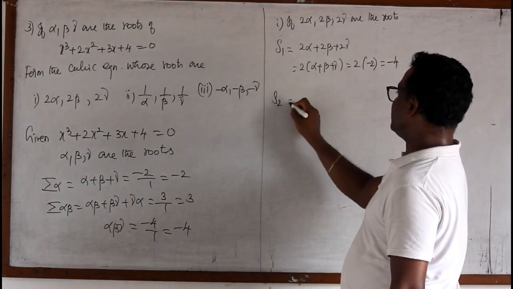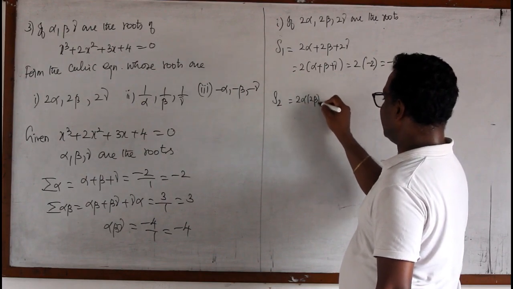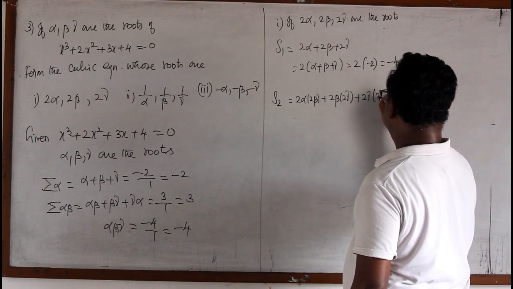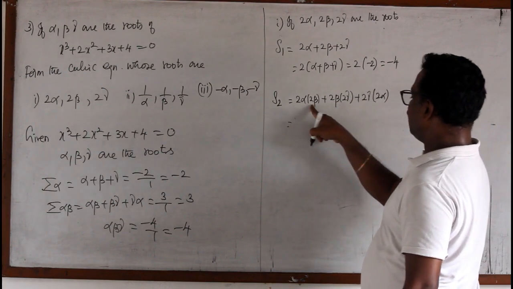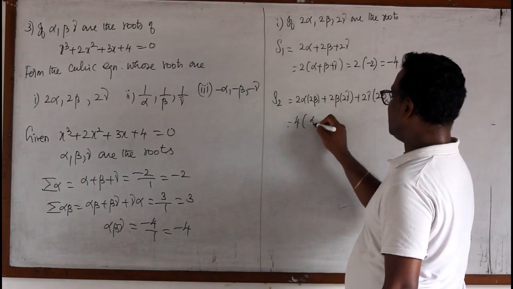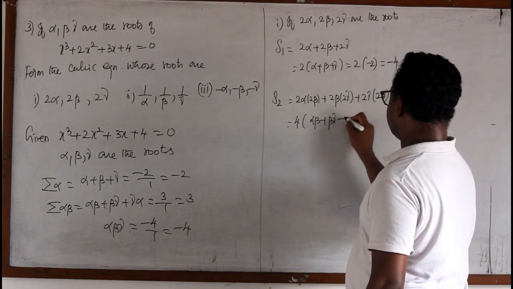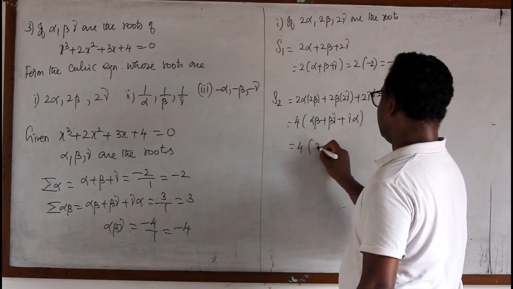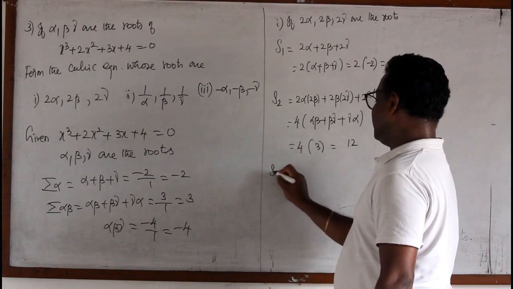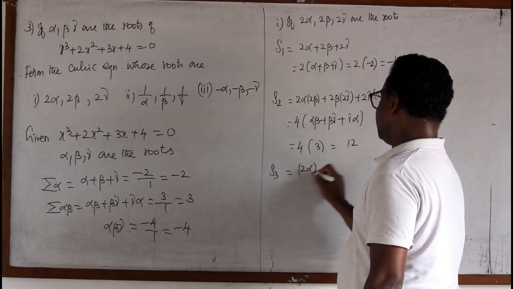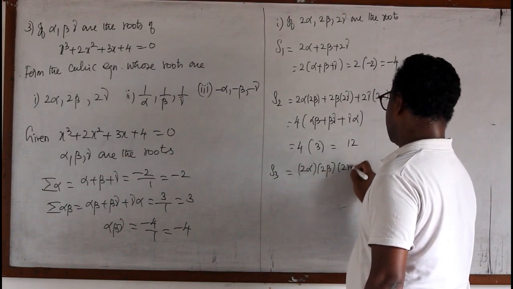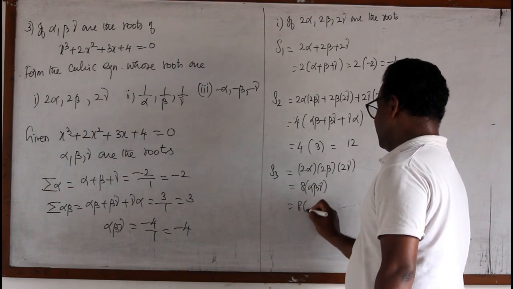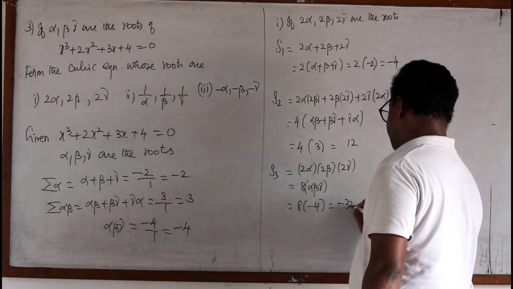Now, S2 means 2 alpha into 2 beta, similarly 2 beta into 2 gamma, 2 gamma into 2 alpha. 4 is common, so alpha beta, beta gamma, gamma alpha. We have this value as 3, so 4 threes are 12. Then S3 is 2 alpha into 2 beta into 2 gamma. It is 8 alpha beta gamma. 8 into minus 4, it is minus 32.